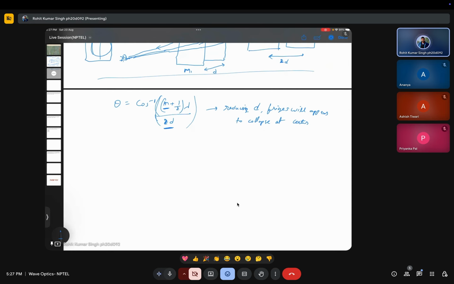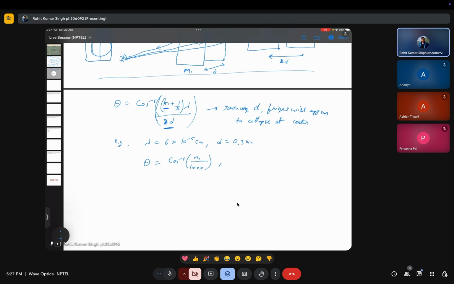For an example, you can take some lambda. This is one standard example I am taking. Let's say you have lambda 6 into 10 to the minus 5 centimeter, and the distance between the two mirrors is, suppose, 0.3 mm. Then if you calculate theta, it will be cos inverse of m divided by 1000.